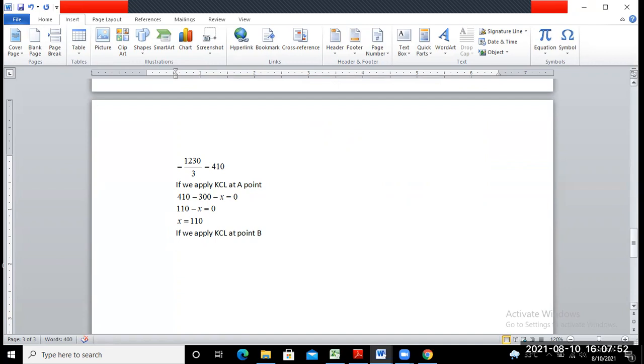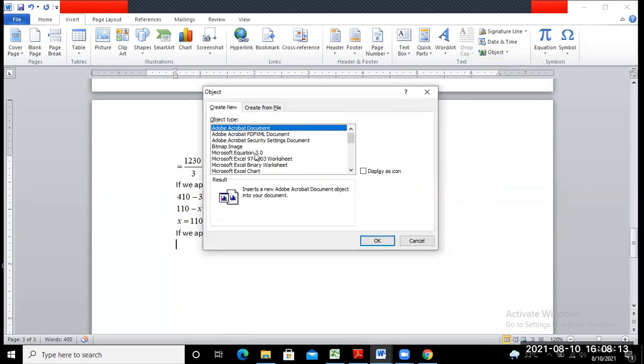So as not to be confused with the KCL applied at point A, here we consider the variable Y. According to KCL, the summation of incoming and outgoing current is equal to 0.